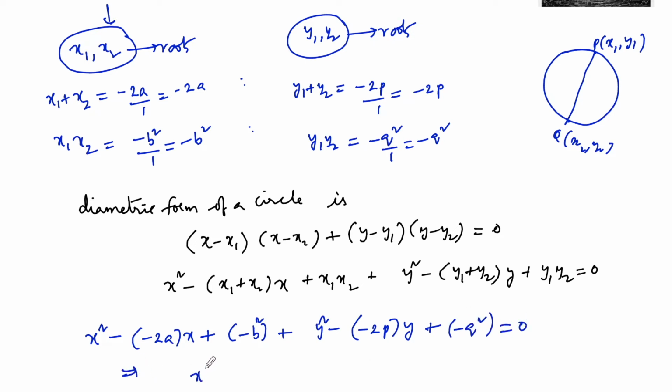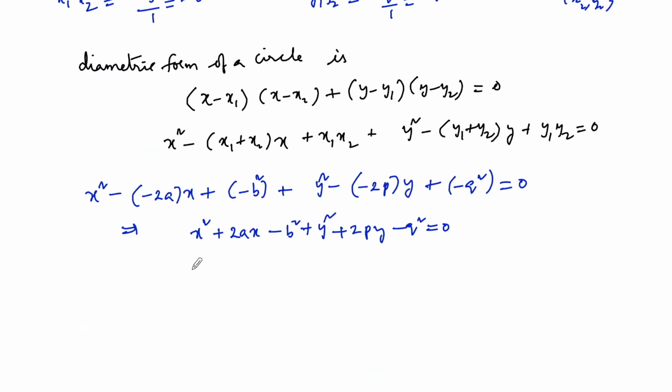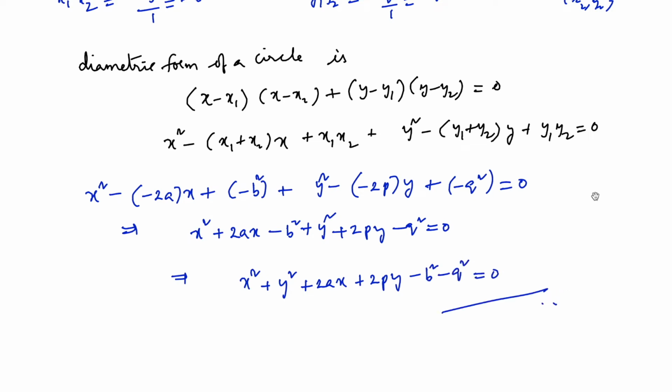So we can write x square plus 2ax minus b square plus y square plus 2py minus q square is equal to 0. So x square plus y square plus 2ax plus 2py minus b square minus q square is equal to 0, is the required equation of the circle.